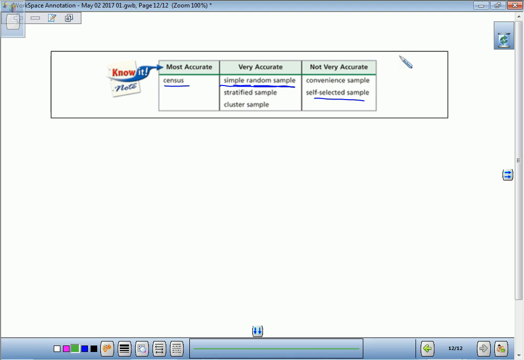But if it was mediocre, I'm like, I'm in a hurry, click. Okay? So self-selected, when I get to choose whether or not I want to answer a survey, a lot of times that is not a good, representative, unbiased sample.